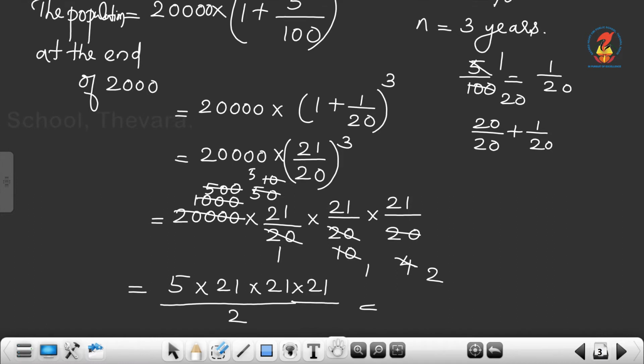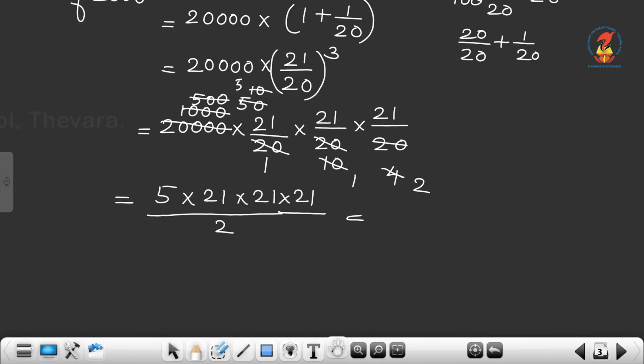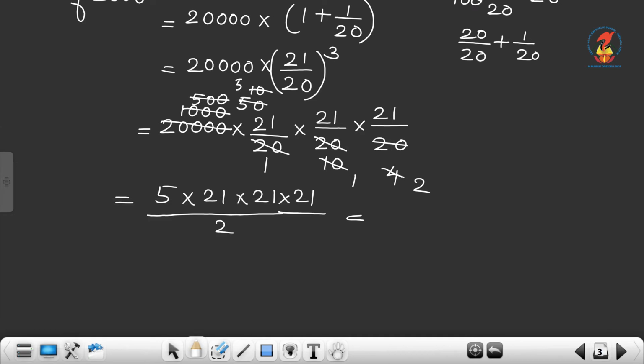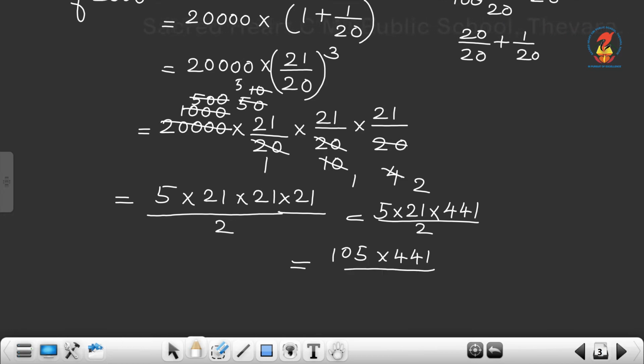So which is equal to 5 into 21 into 21 into 21, 441 divided by 2. So which is equal to 21 into 5, 105 into 441 divided by 2, equal to 441 into 105.